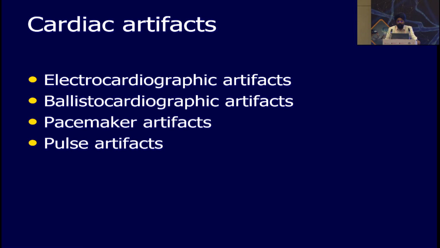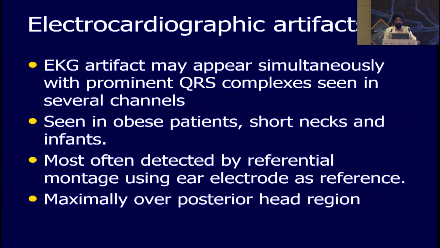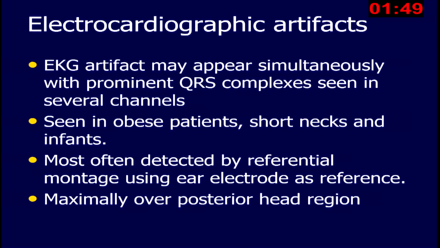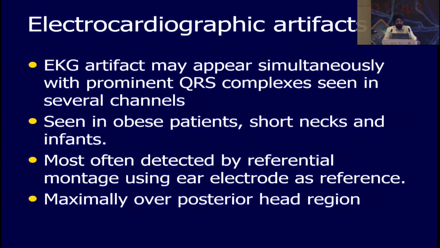Coming to the cardiac artifact: electrocardiographic, EKG or ECG, ballistocardiographic, pacemaker and pulse artifacts. Now EKG artifacts may appear simultaneously with prominent QRS complexes seen in several channels, seen in obese patients, those with short necks, and infants, most often detected by referential montages using the ear electrode as the reference, and it is seen more over the posterior head regions.